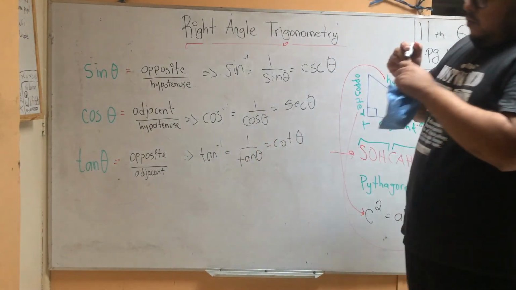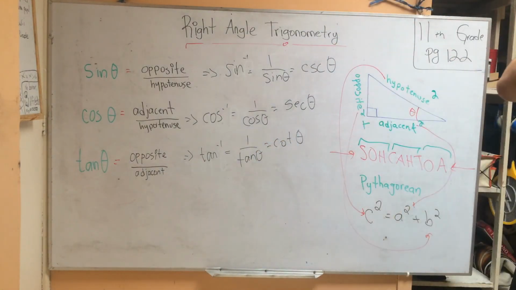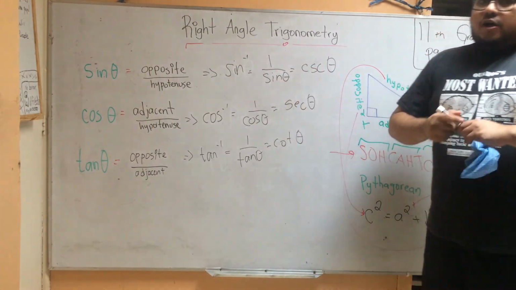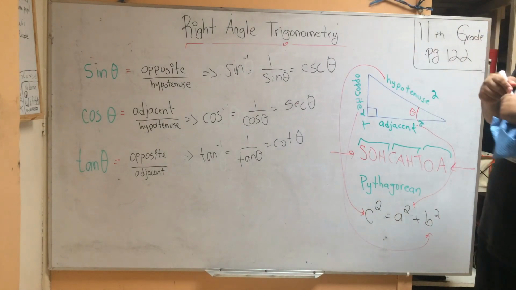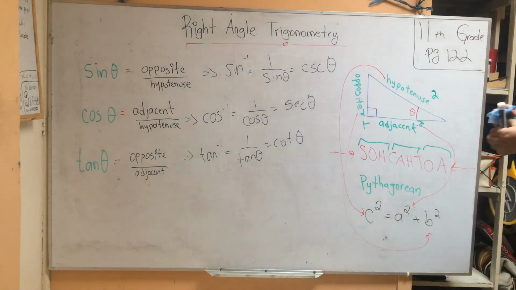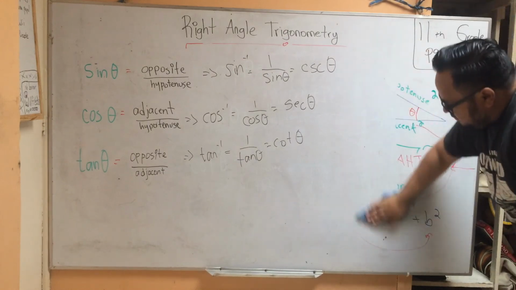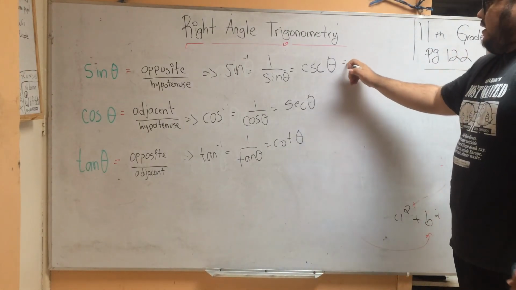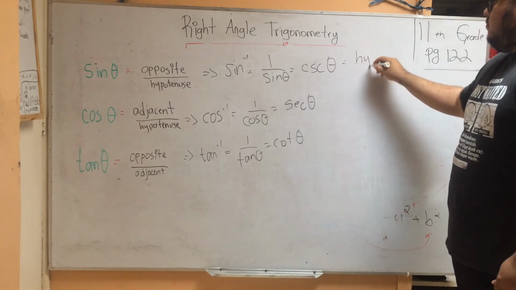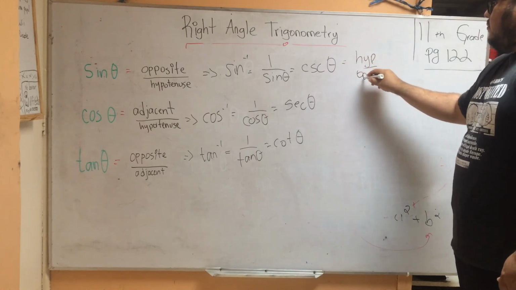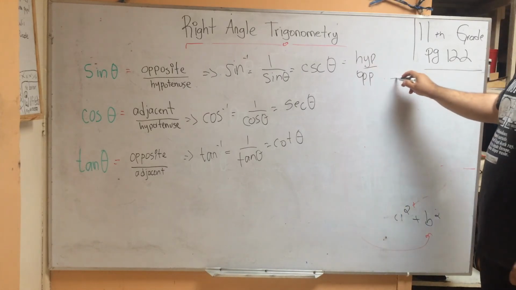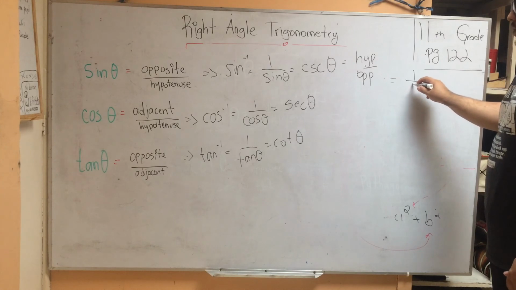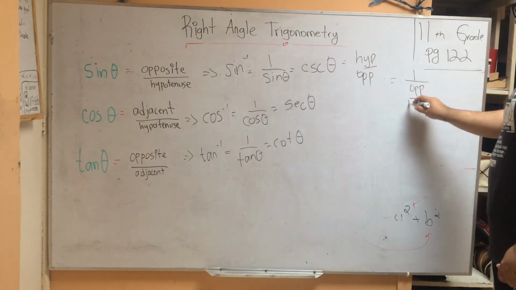Okay? Now, why do we flip the terms in the cosecant when we're talking about just opposite over hypotenuse? Okay, because remember that here, I'm going to erase this one. Okay, we said that the cosecant is hypotenuse over opposite. Okay, so let's think about if we place the normal sine, which would be 1 over opposite over hypotenuse.